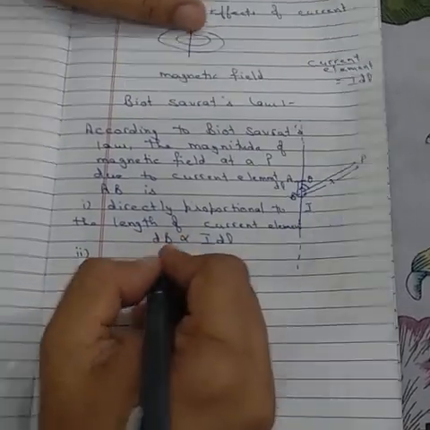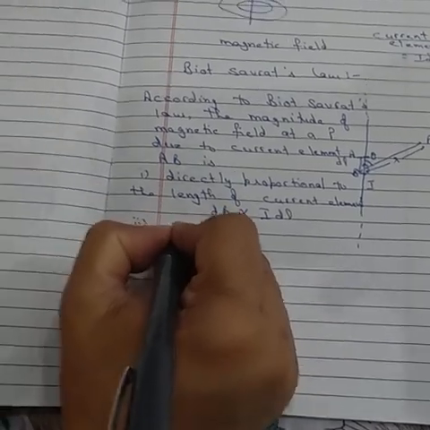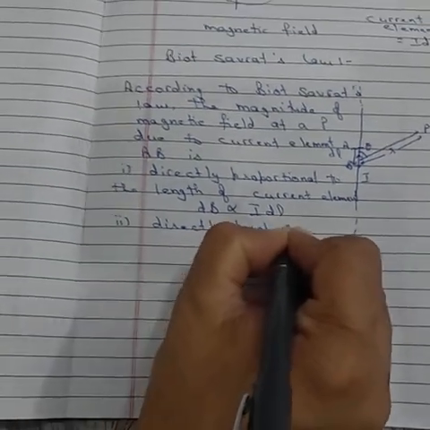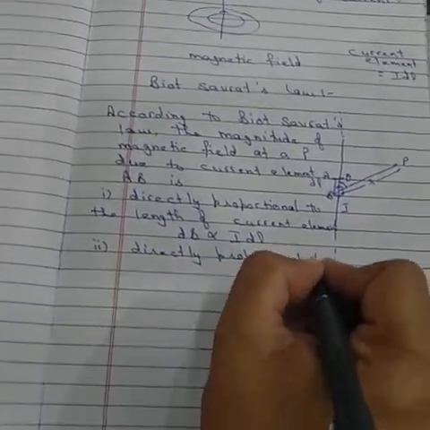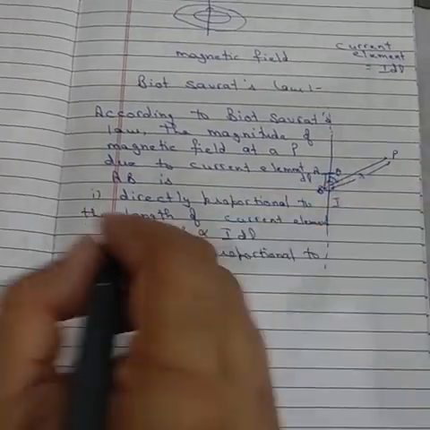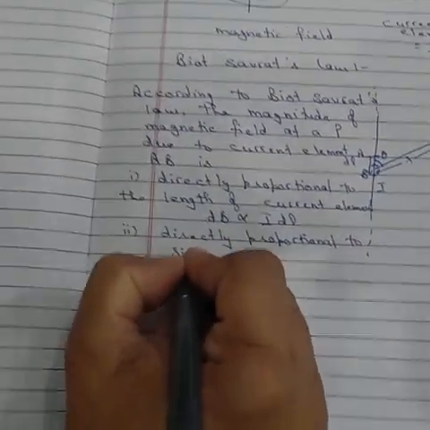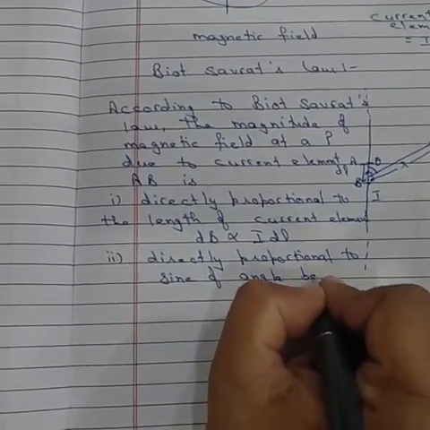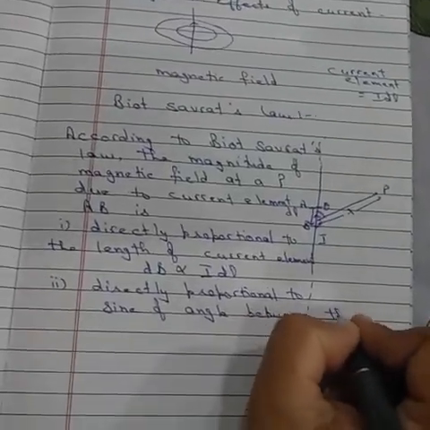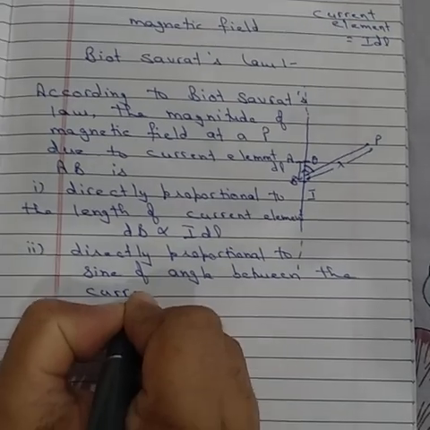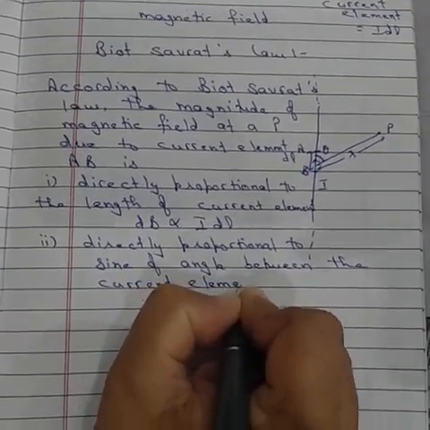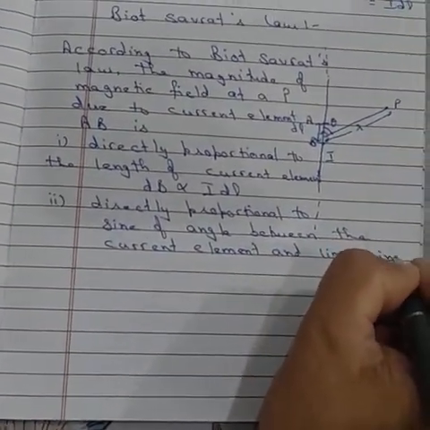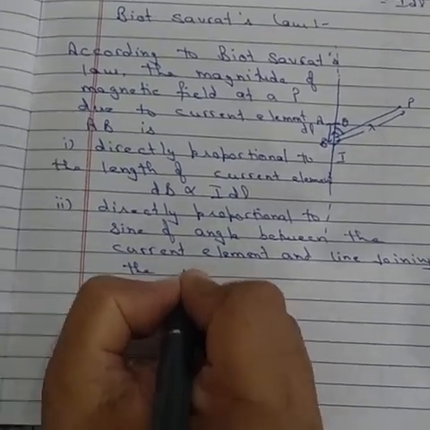The second point of Biot-Savart's law is that this magnetic field is directly proportional to the sine of the angle theta between the current element and the line joining it to the observation point.